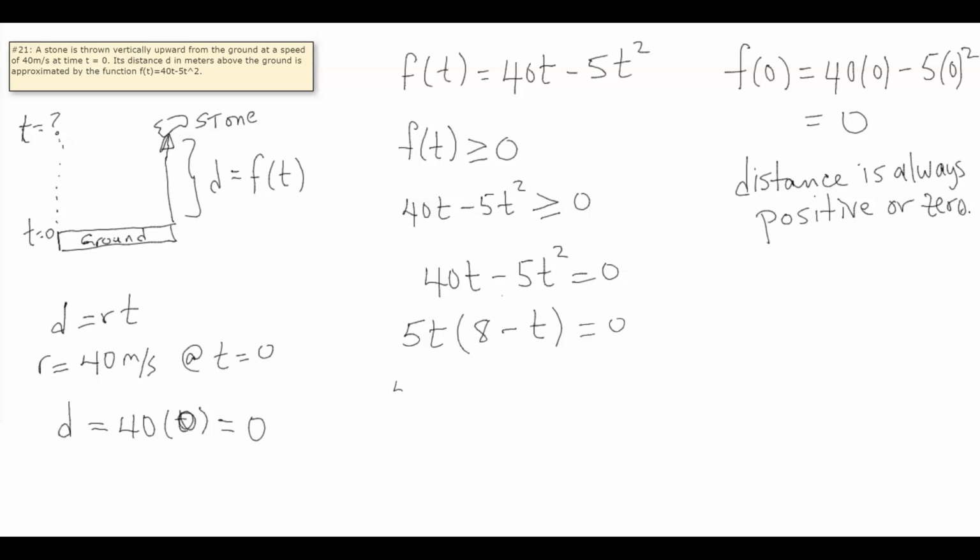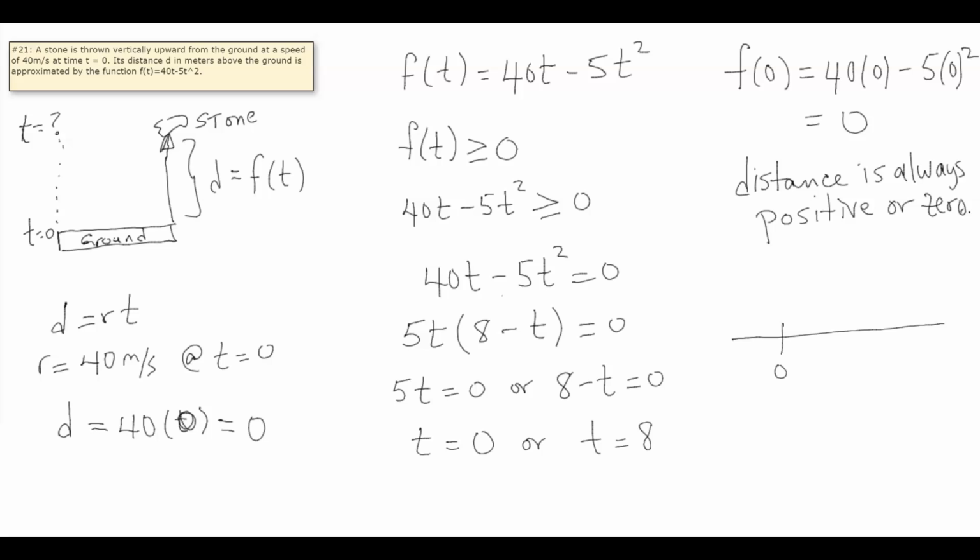Setting each factor equal to 0, we get 5t equals 0, or 8 minus t equals 0, which means that t is equal to 0, or t is equal to 8. So we got this far into our problem.